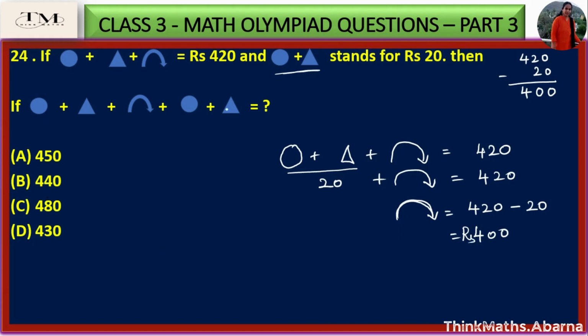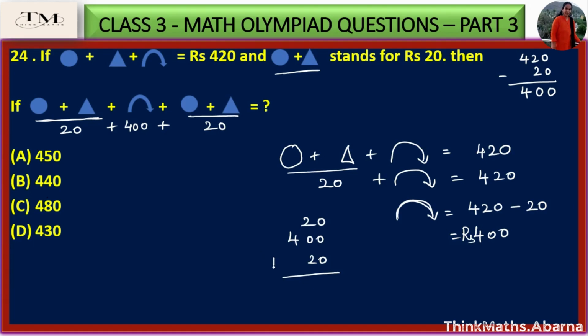Now we have to find out this. Take this circle plus triangle. What is circle plus triangle? It stands for 20. And this arrow is equal to 400. Again plus circle plus triangle, which is 20. Now what is its addition? It is 20, 400 and 20.